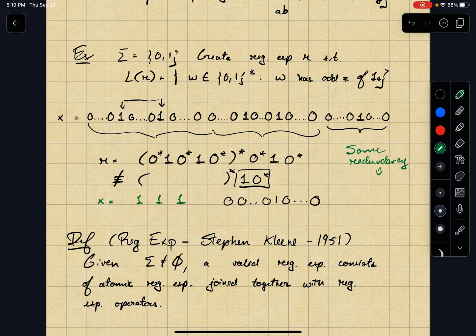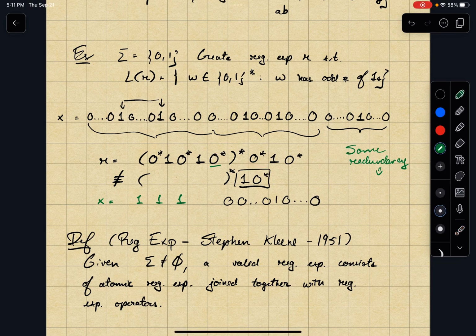And that redundancy is this extra 0*. Actually, a very bright student pointed this out to me: this 0* isn't technically necessary, because you can compensate for its absence with the 0* here if I have more pairings of 1s, or I can compensate with this 0* here if that was the last pair of 1s.